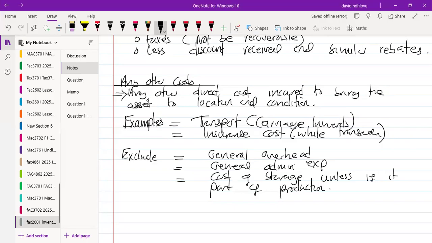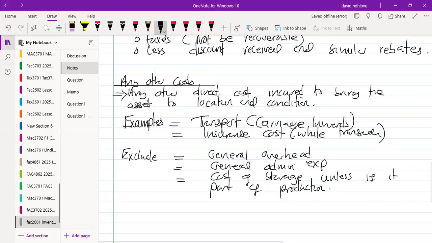For example, sometimes when you deal with certain manufacturing processes, you may manufacture up to a certain point, but you have got to store the item that you're manufacturing maybe for a week or so, and then you proceed with manufacturing. So if you incur the cost of storage there, you can include it in the cost of the product because this is part and parcel of the production process.